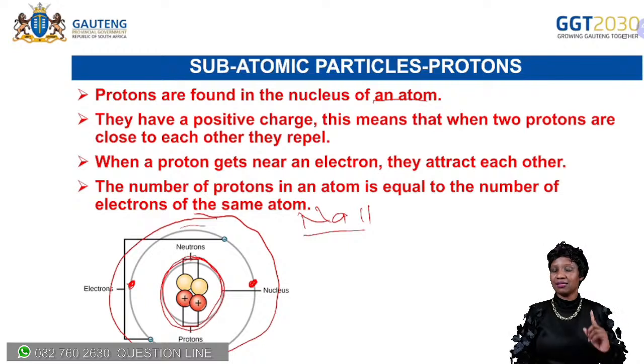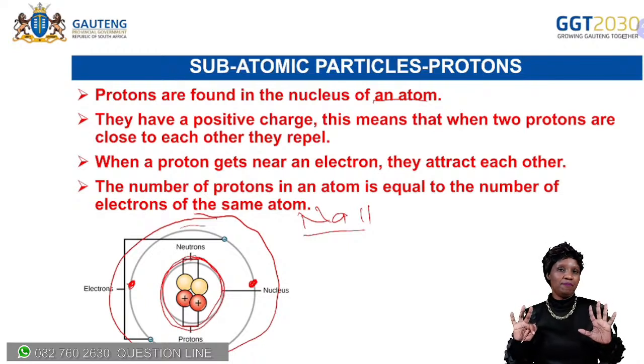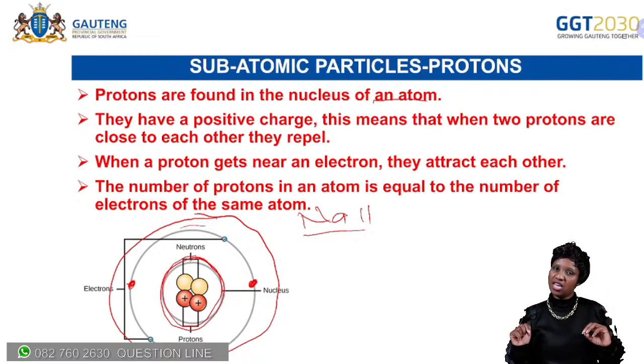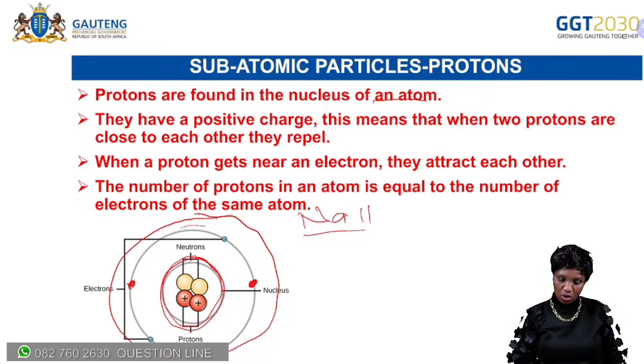Remember, we said the second energy level holds up to 8 electrons. Therefore, we want to see how many energy levels and how many electrons we're going to get to. The second one holds up to 8. Let's count 8. 1, 2, 3, 4, 5, 6, 7, 8.